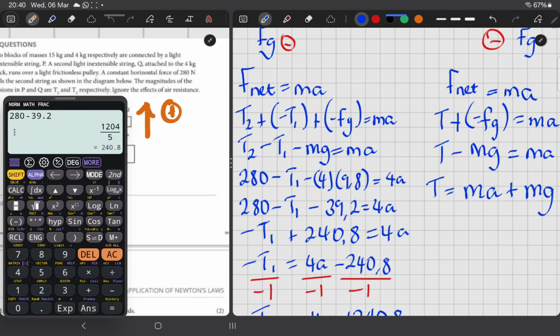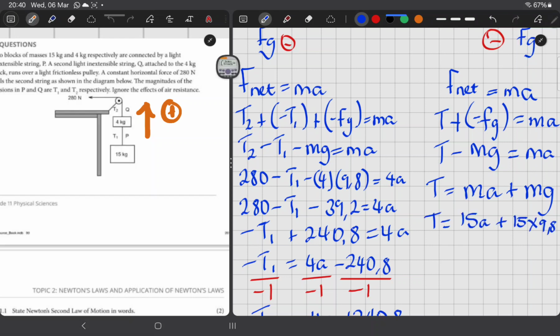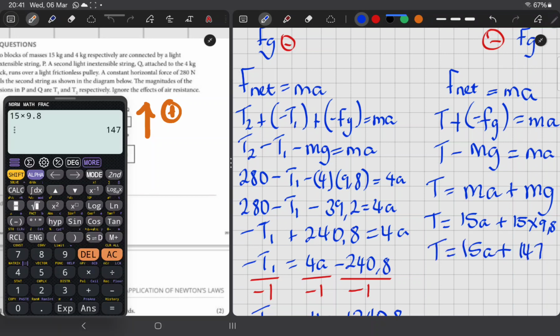So now I can substitute and end up with an equation number 2. Since we are dealing with a 15 kg block, I will substitute 15 for the mass, and I will solve this. When I punch 15 multiplied by 9,8 in the calculator, I end up with 147, and therefore this will be my equation 2.